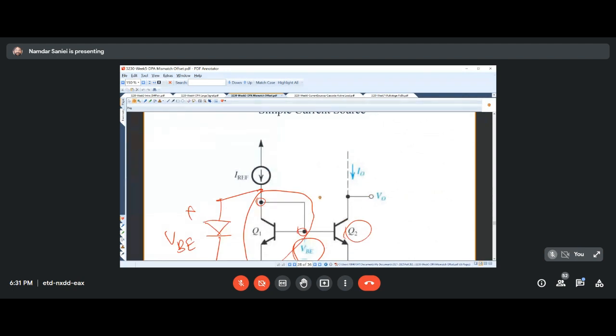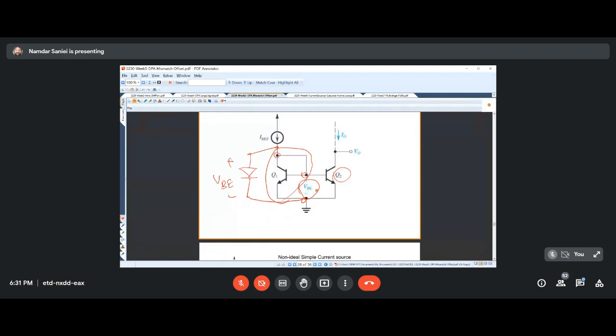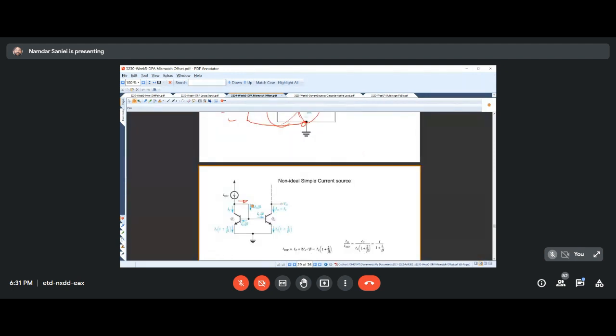But then we focused on the simple current source, and we looked in detail at the current that goes through all these components. And we realized that this I is not exactly IREF if we consider the currents that go into the bases, which is due to the beta that we have not being infinite.